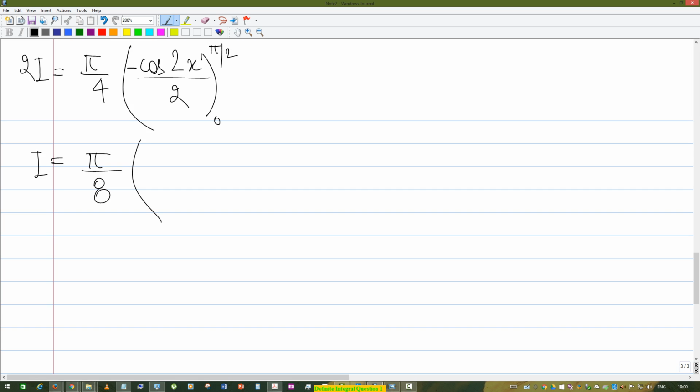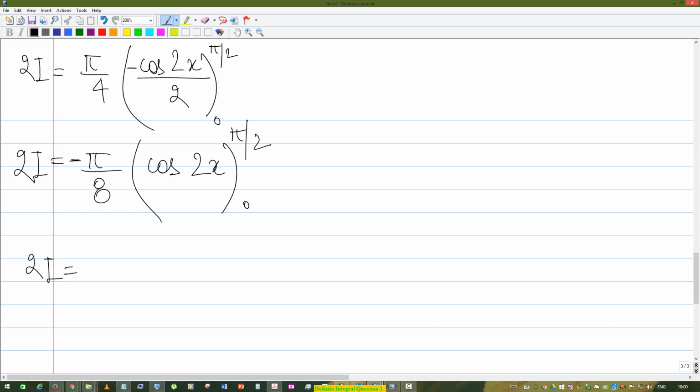Now if we substitute the values, so this will become cos of pi. We have taken the 2 out, so it's still 2I is equal to, now we can take the minus sign out, minus pi by 8. We have taken this minus sign out, and we have taken this minus 1 by 2 out, so it will become minus pi over 8, and we are left with cos 2x, 0 to pi over 2.